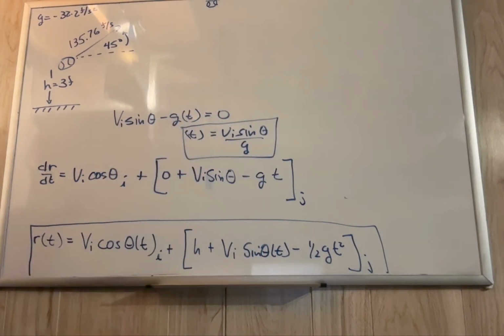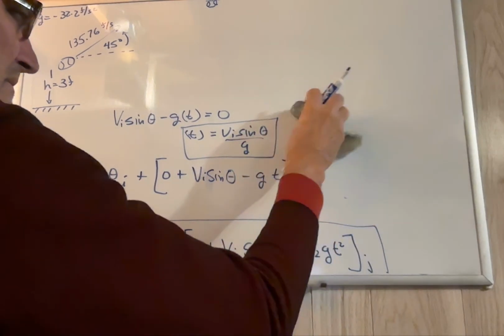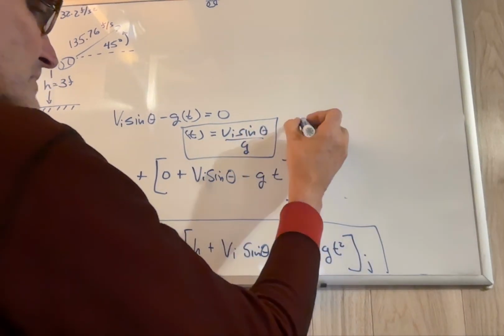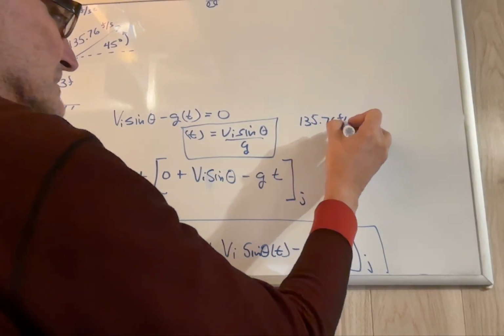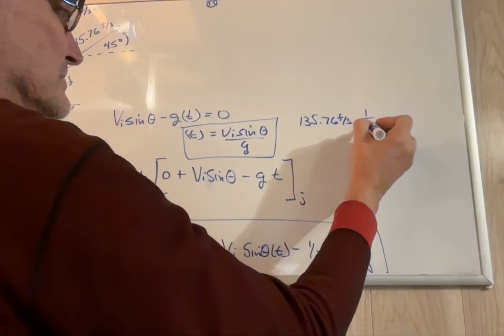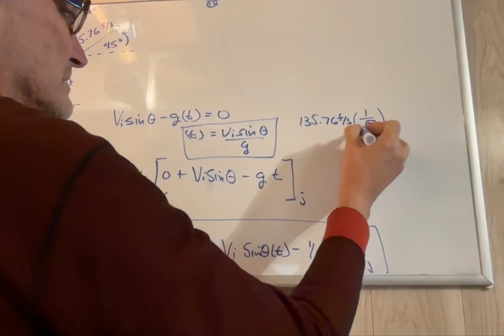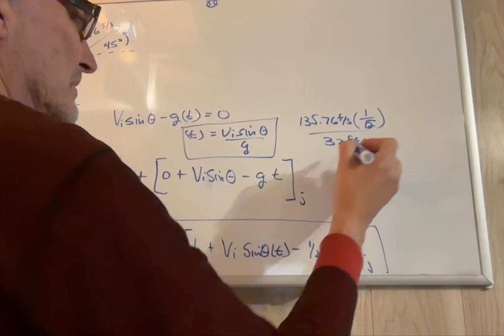Plug those numbers in. Velocity initial is 135.76 feet per second times 1 over the square root of 2, divided by 32 feet per second squared. Oh, that's going to be so nice.